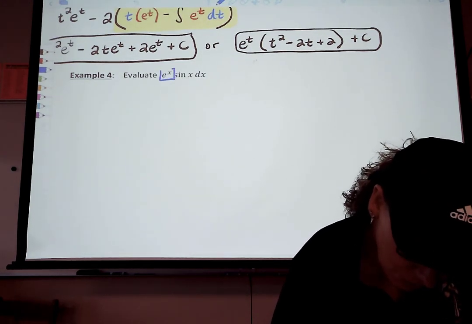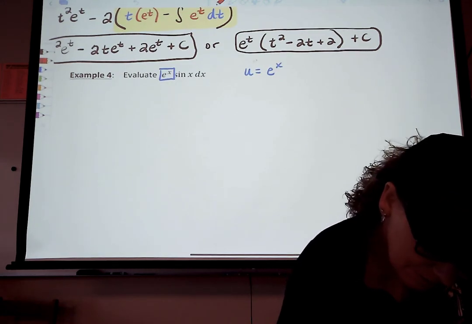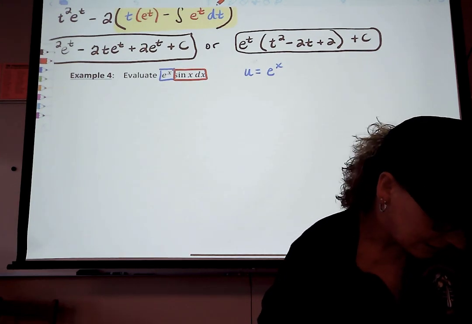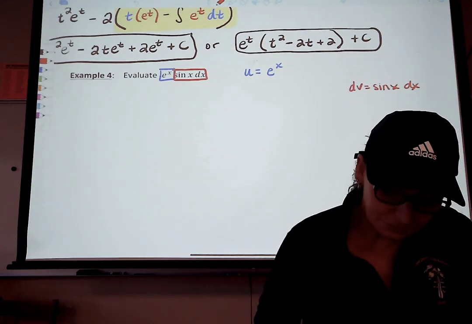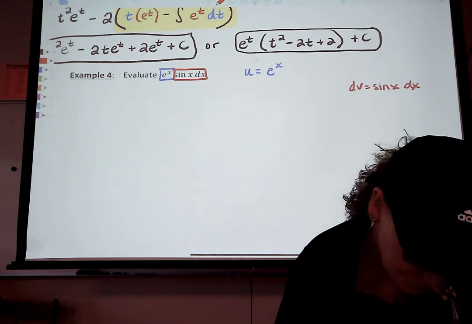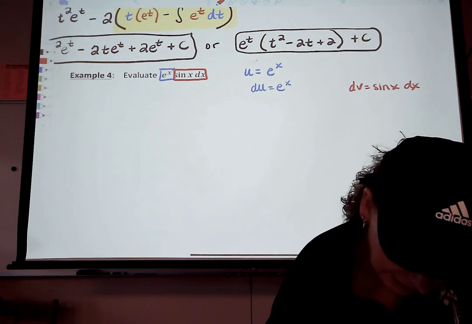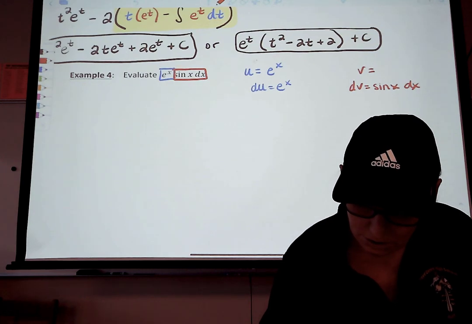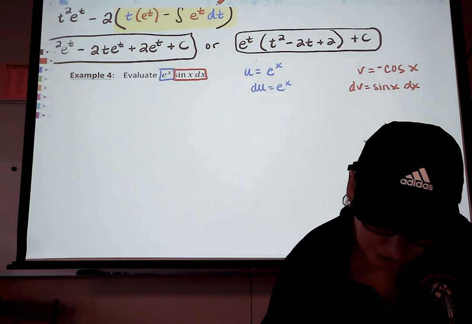Okay. Let's just go with u is equal to e to the x, and dv is sine x dx, everything that's left. So, du is equal to e to the x dx, and v, let's see, the derivative of cosine is negative sine.